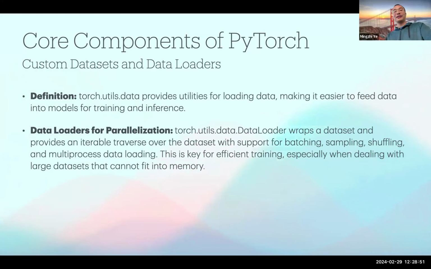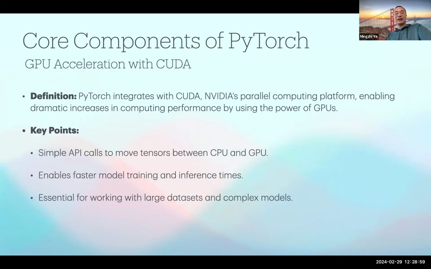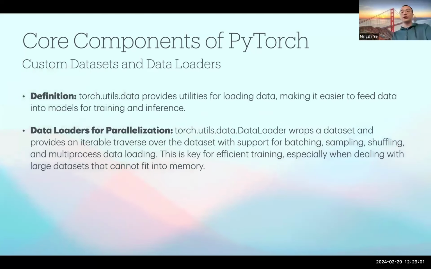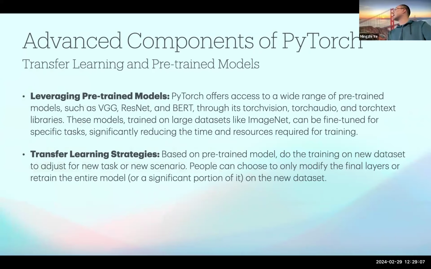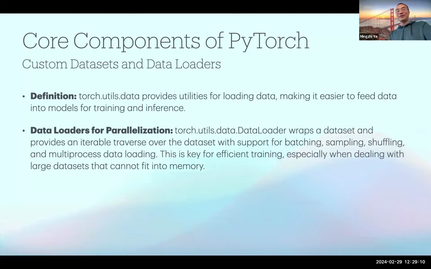Then there are custom datasets and the DataLoader. torch.utils.data provides utilities for loading data, making it easier to feed data into models for training and inference. Every time, the model doesn't train on all the data.